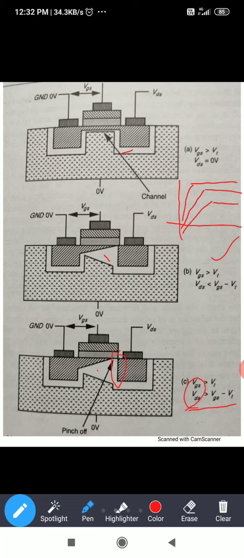When we keep on increasing this drain to source voltage VDS, at a particular voltage the channel is pinched off, means the channel is blocked, and at a particular voltage you will get constant current. This region is called constant current source, or we can call this device as acting as a constant current source.